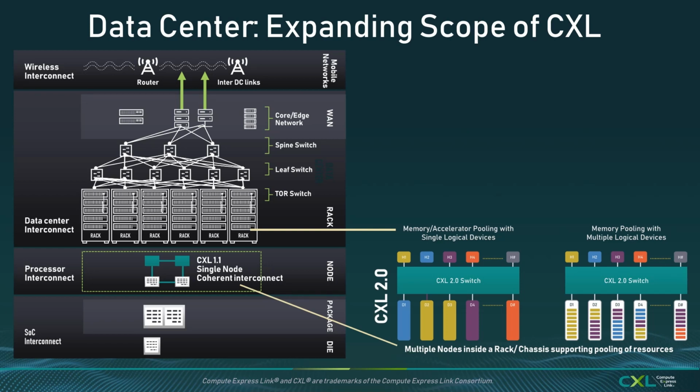As you can see, for example, the device D2 has the ability to be connected and pool its resources across host one and host three, just as an example. So that's what CXL 2.0 enabled at a high level.